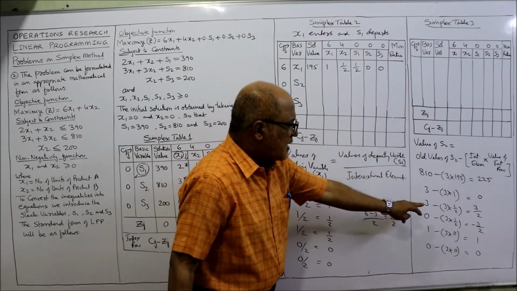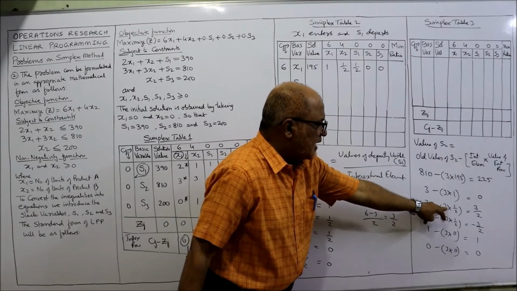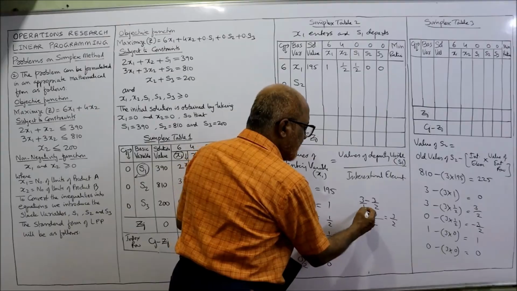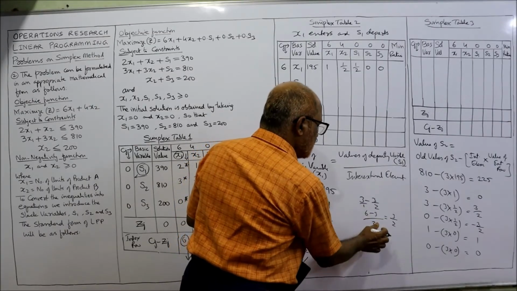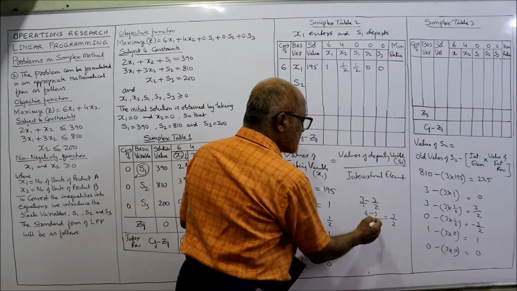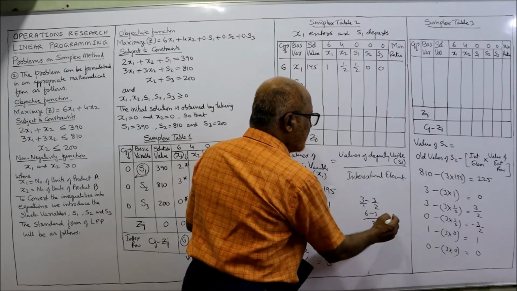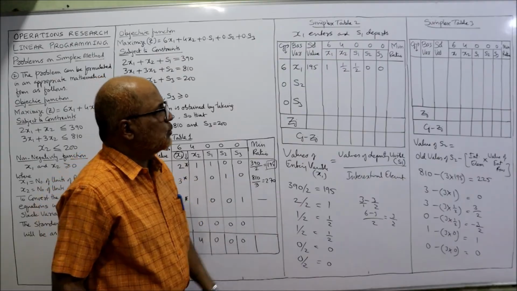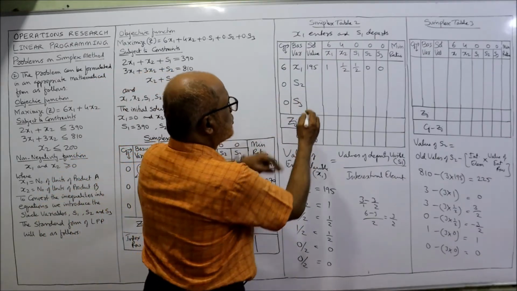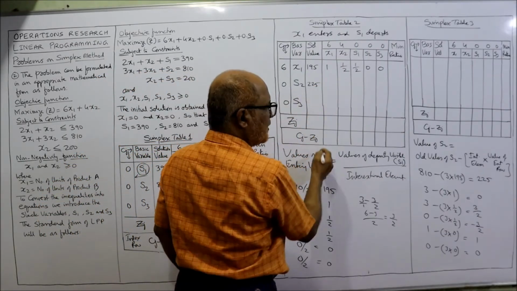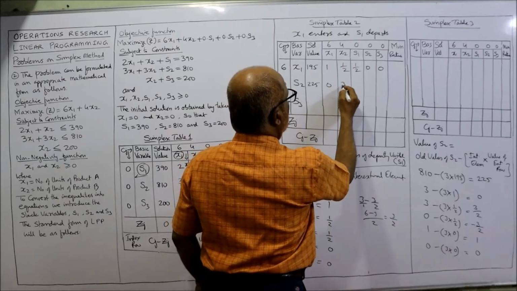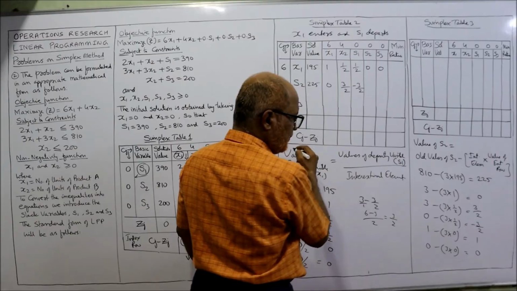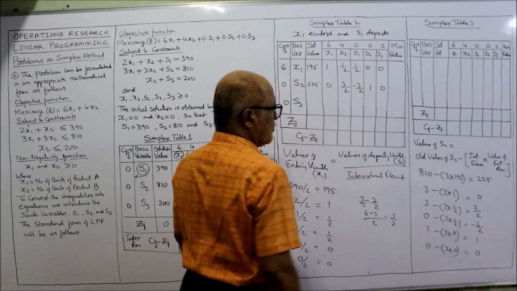So these are the values of S2. Here S2 values: 225, then 0, 3 by 2, minus 3 by 2, 1 and 0. That's it.